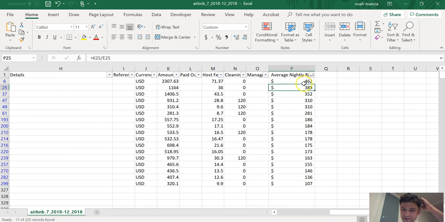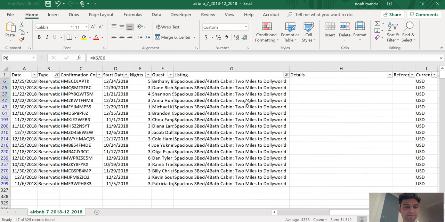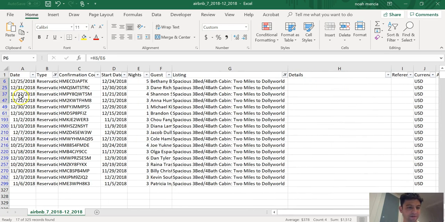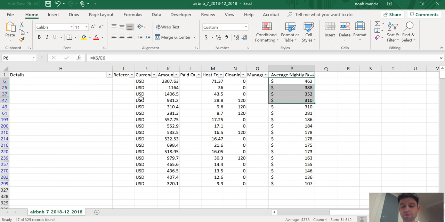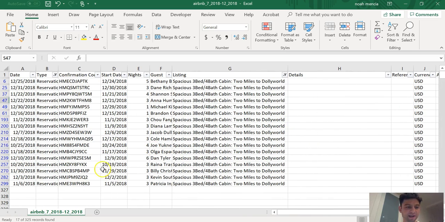You can see it's skewed by a couple of major reservations around Christmas and Thanksgiving. Those are not really typical times. It's hard because I picked this property up in November, and November's not a great month.